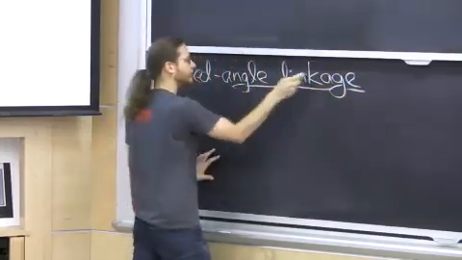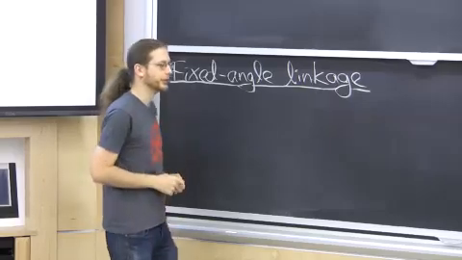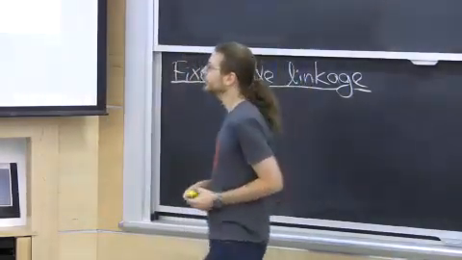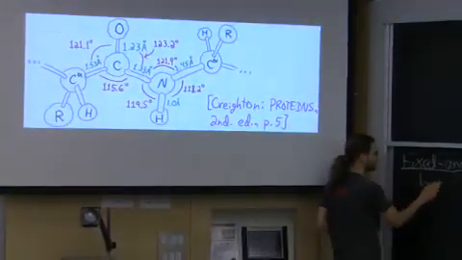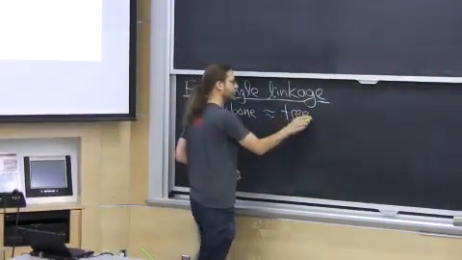So embedded in the term linkage, we assume that the edge lengths are fixed, and then we add the constraint that the angles are fixed. And the motivation is the backbone of a protein is something like a fixed angle tree. Of course, it's not much of a tree. Most of it is a chain.